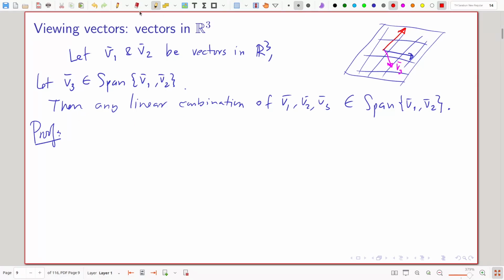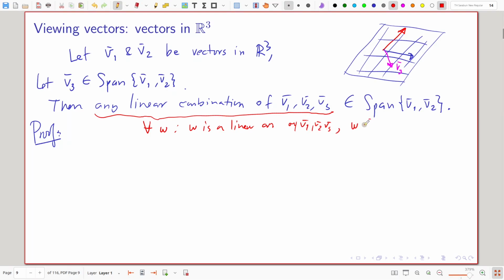Okay. So to prove this statement, we say any linear combination of this. So let me translate this back to something that you learned before. For all vectors W, where W is a linear combination of V1, V2, V3, W belongs to the span of V1, V2.